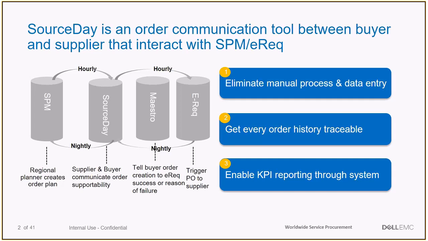The alignment may have two options. One option is you accept it, maybe with some conditions. Or maybe you still cancel, and we do not generate the PO because you cannot get an alignment. But every step in your communication is visible in SourceDay.